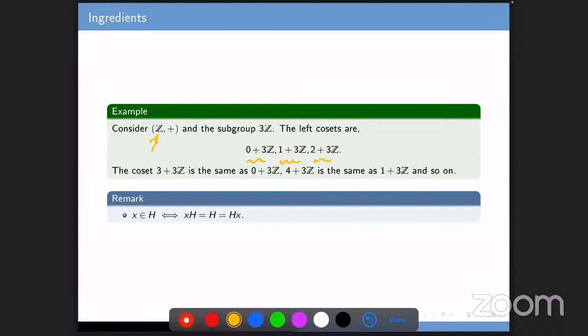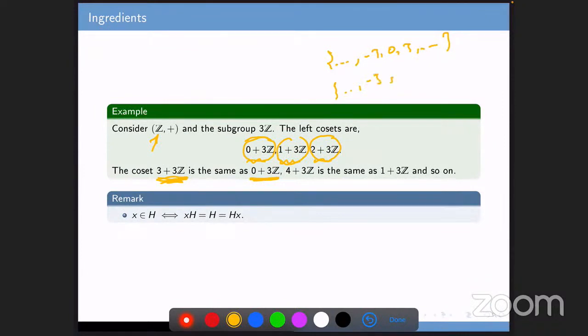If we pick 0 here, this is the left coset we derive, and then 1 plus 3Z, 2 plus 3Z, and when we move to 3 plus 3Z, we can see that this is actually the same left coset as this one. One is formed like this: 0, 3, and so on. The other one is actually the same because if we add 3 to -6, we form this element, and if we add 3 to -3, we form this one.